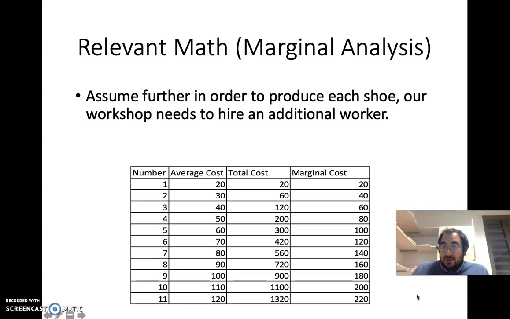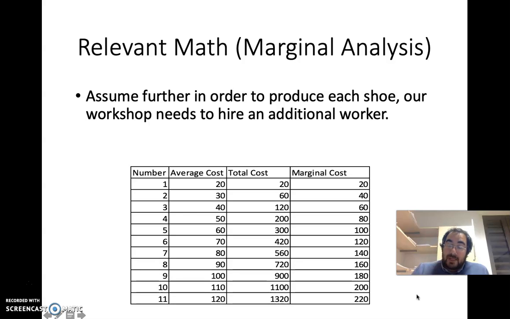Of course, the cost will increase even more, because you need to pay more due to the wage increase, but also the worker produces less. So diminishing marginal productivity increases labor costs even more.